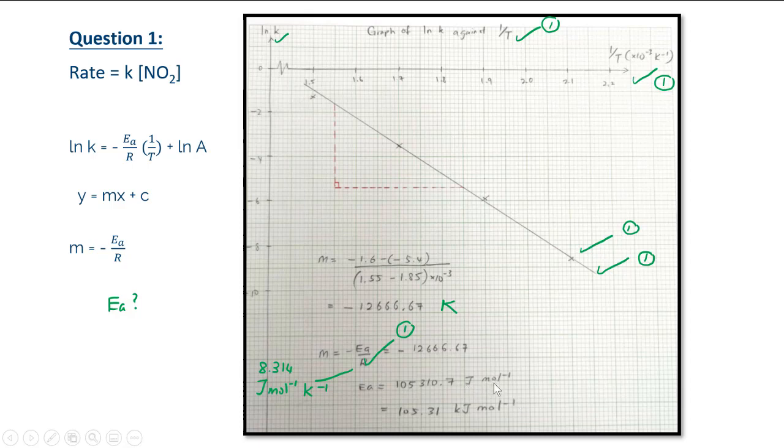If the question asks for kilojoule per mole, then you have to convert it into kilojoule per mole, so 105.31 kilojoule per mole, which is your final answer over here. But if the question doesn't request kilojoule per mole, both answers are accepted.